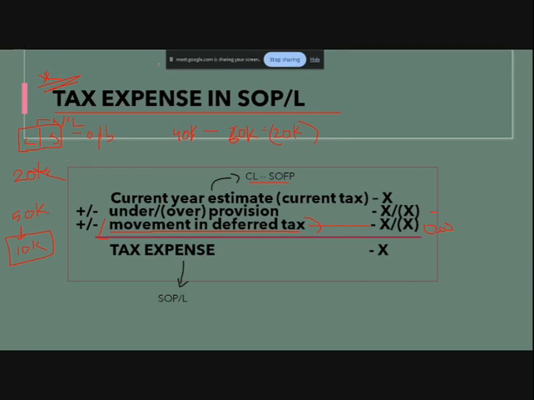So the current year estimate will go to current liability, and tax expense will go to SOPL. Now, in the movement of deferred tax, you have a closing balance. That balance will go to NCL.